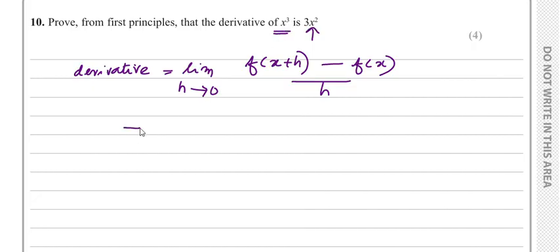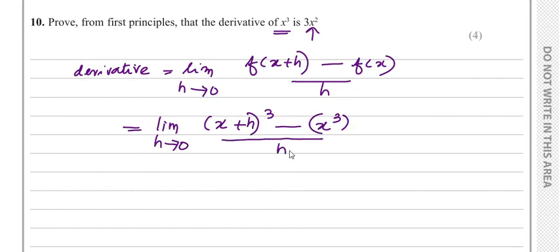So we need to write that is equal to limit h tending to 0. Instead of f of x plus h, just write x plus h to the power of 3 minus f of x, which is x cubed, all over h. So we need to expand this x plus h whole cubed.